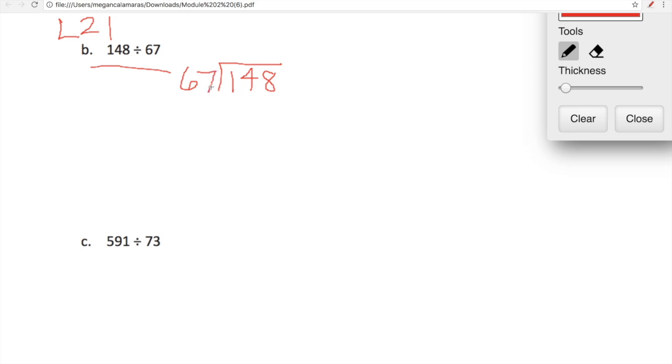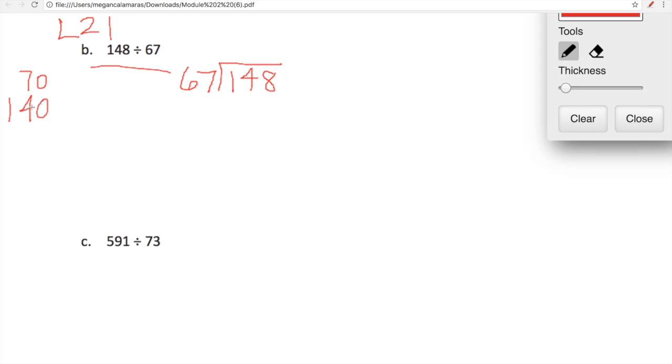So here we're going to use estimation to guide us in trying to figure out how many 67s live in 148. I'm going to round 67 to 70, and then I'm just going to do some skip counting over here on the side by 70s. So we have 70, we have 140. I'm getting close.